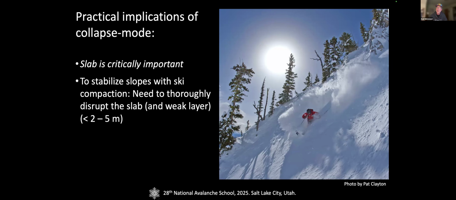Like if we have a situation where, say, that thing is down to bumps and you're skiing through the slab and on the weak layer, then yes, we can provide some stabilization. But you need to have a slope that is skied very, very thoroughly to have skier compaction, and that skiing has to take place through the slab and into the weak layer.